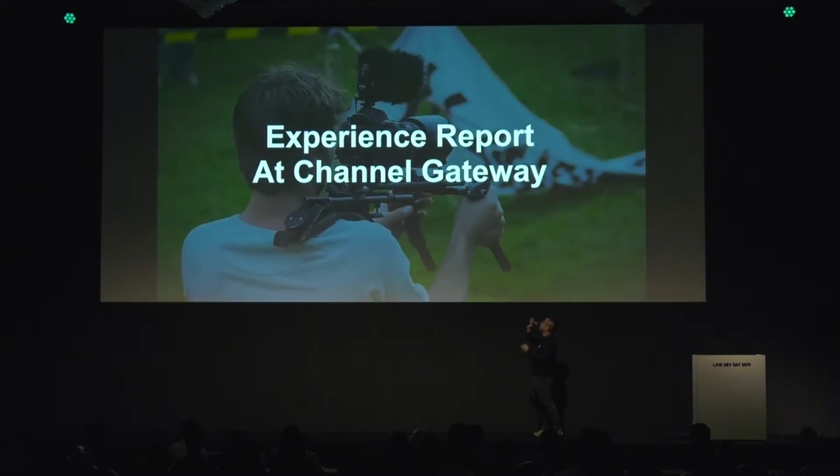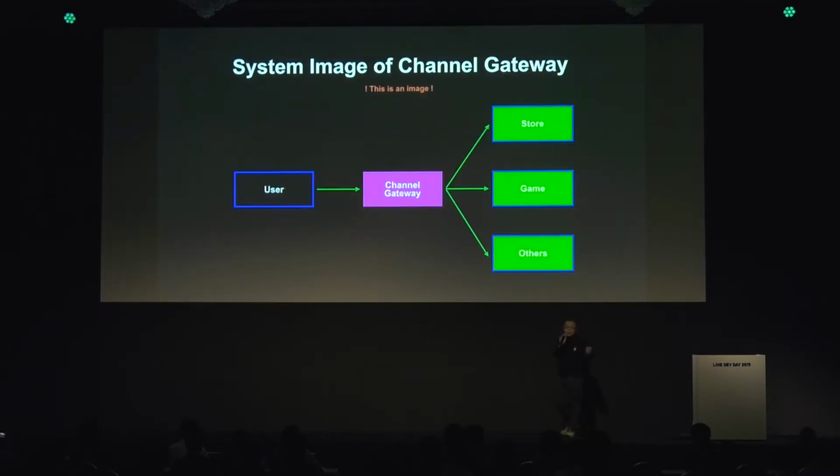So we, as SET, supported and succeeded in one example, which is in channel gateway. I don't think you know what channel gateway is, so let me give you the overview.